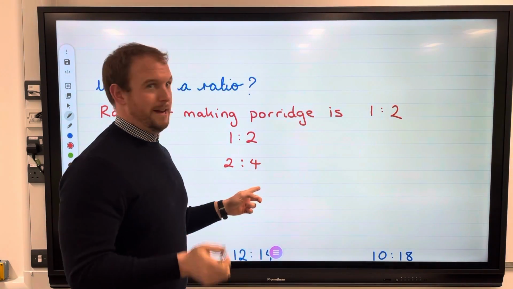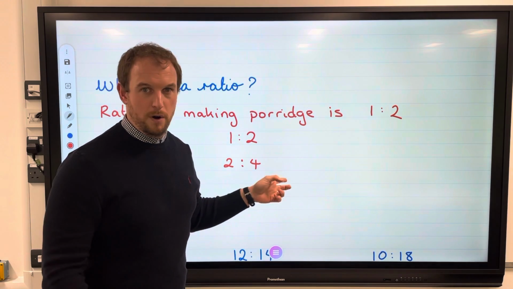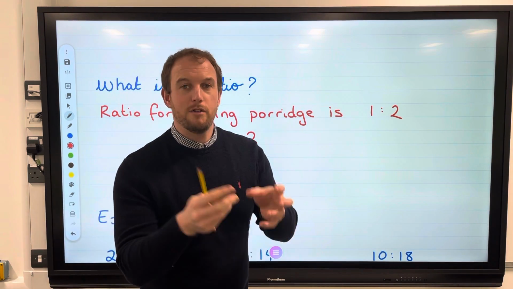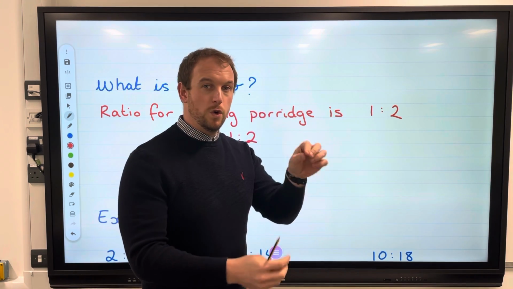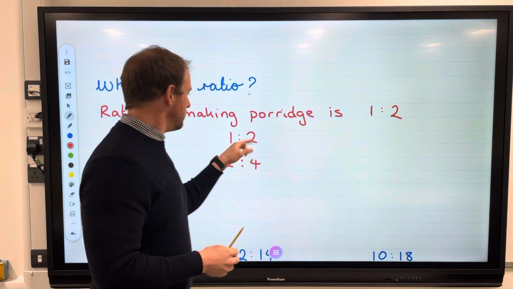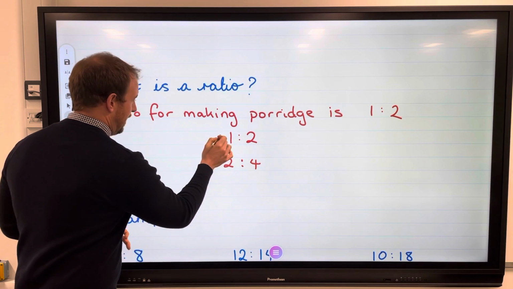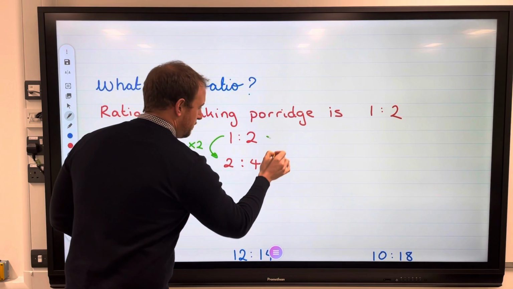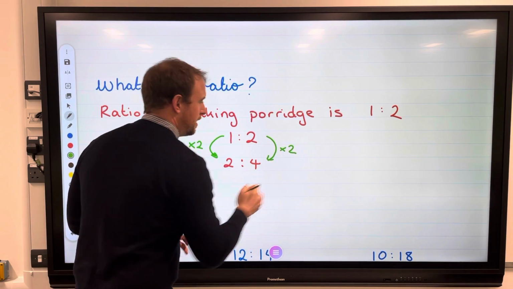If I put 5 cups of milk, I'm going to have a milky porridge. If I put only 3 cups of milk, I'm going to have a really thick porridge. So to ensure that the consistency is the same, I enlarge both of these by the same number. So I've times this by 2, and I've times that by 2.